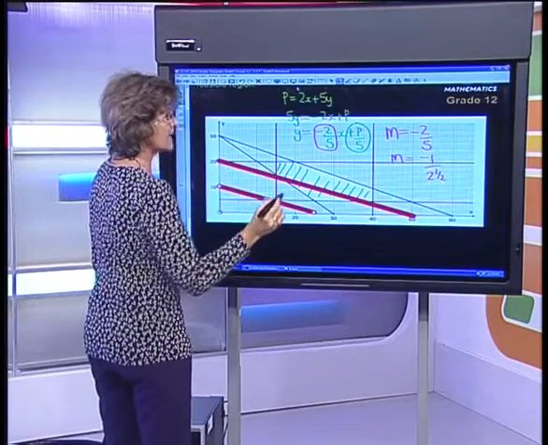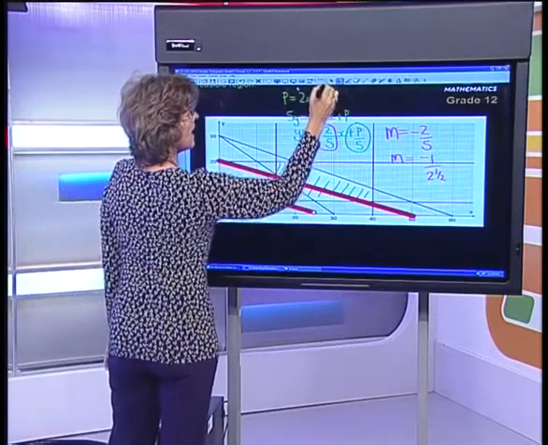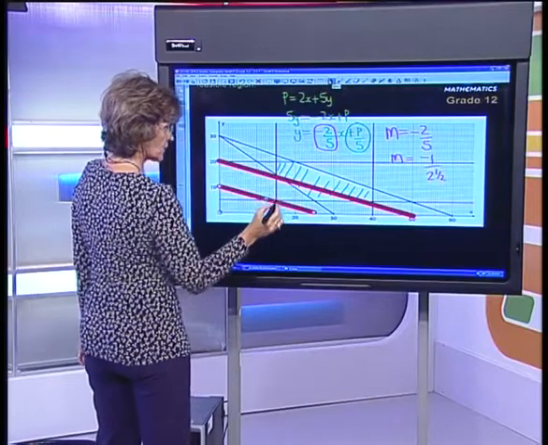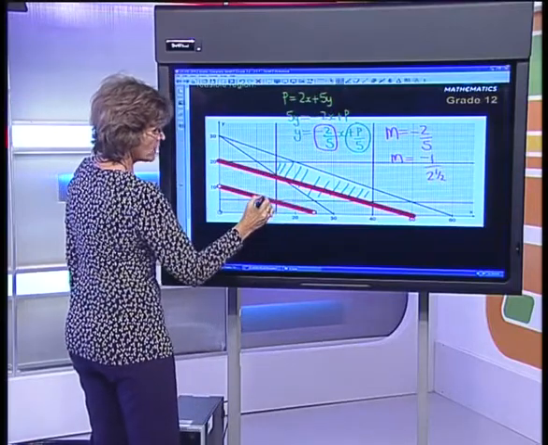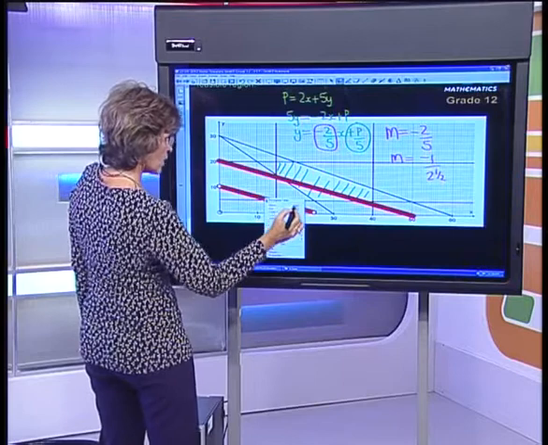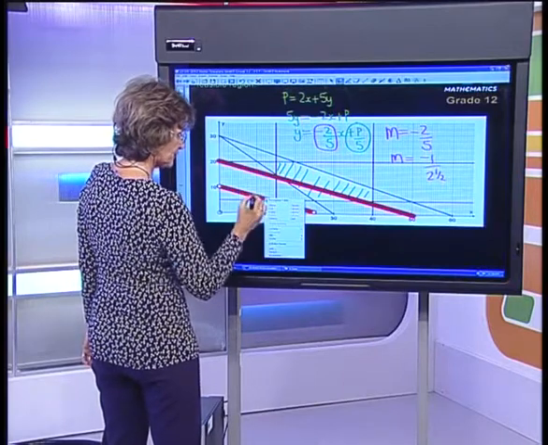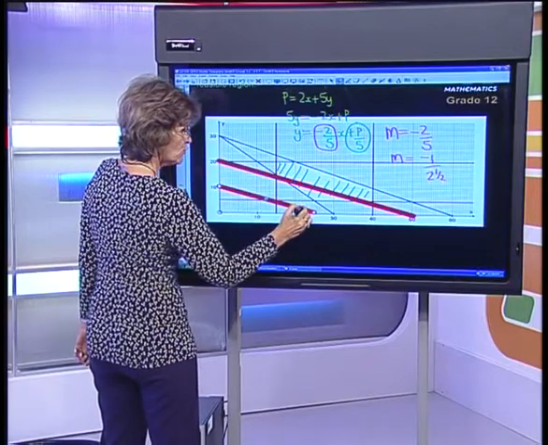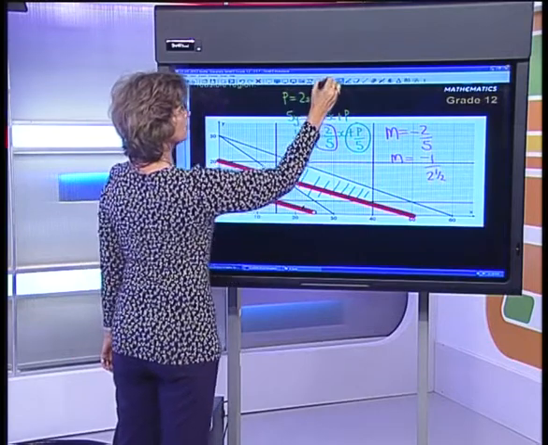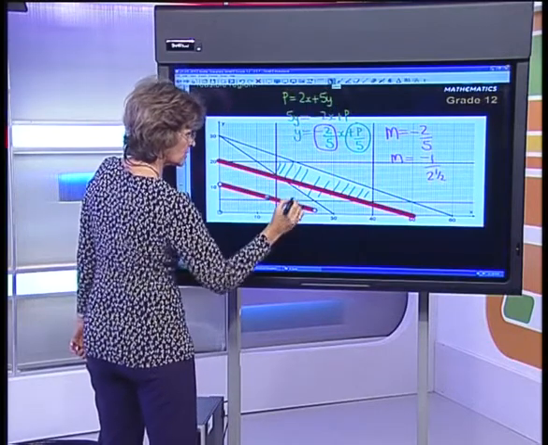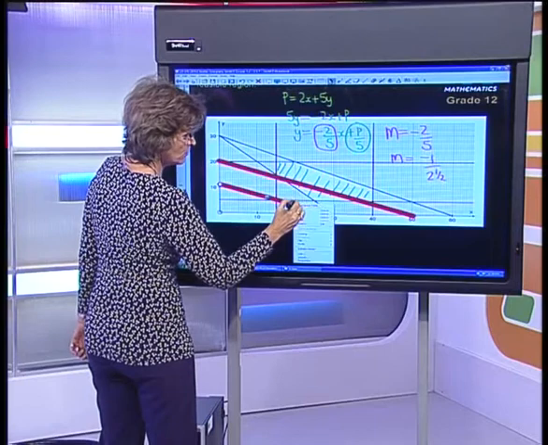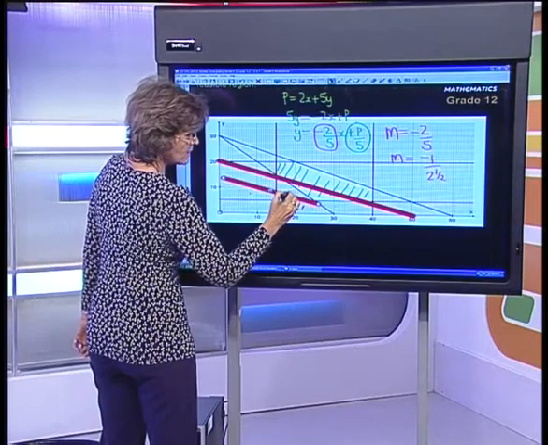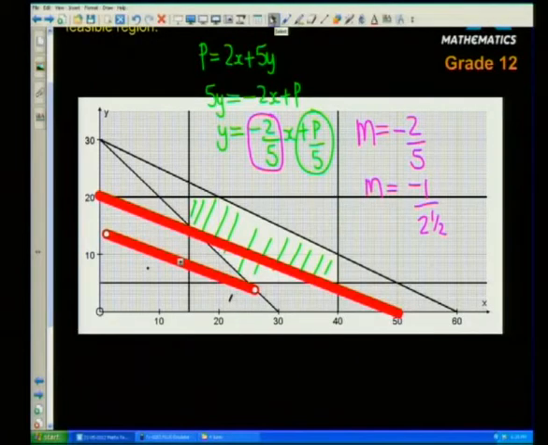So basically, guys, what we have to do is take this line and move it. Oh, it doesn't want to move for me. It's not going to, yes, it is, there it goes. And if we move it, can you see that the first place that it hits in my feasible region is right at that point?